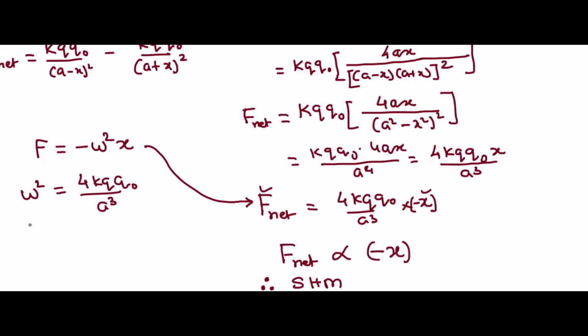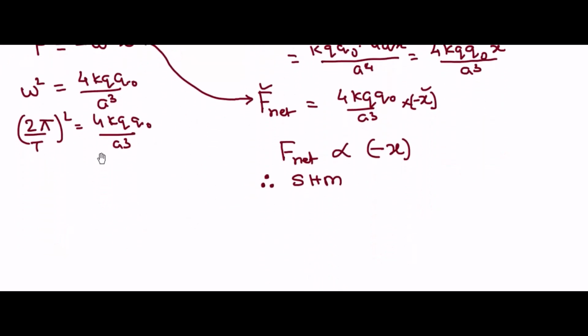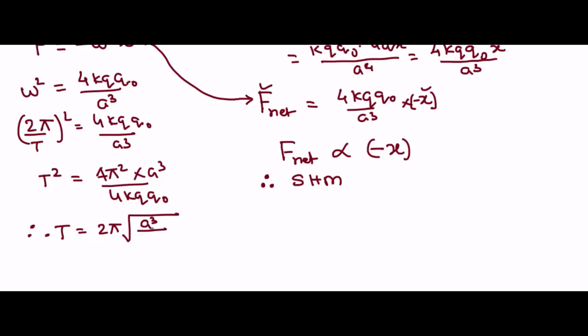And we know that omega is 2 pi by T, whole square is equal to 4k q0 by a cube. And from this now I can get the value of T. So T square is equal to 4 pi square into a cube upon 4k q0, and therefore T will be equal to 2 pi square root of a cube upon 4k q0.